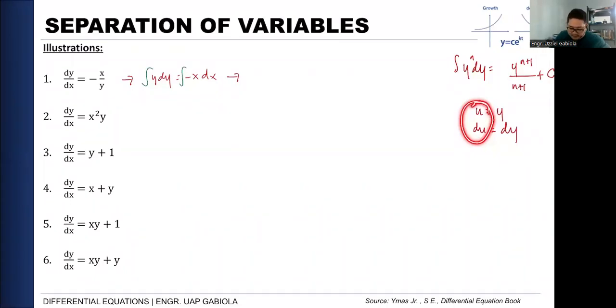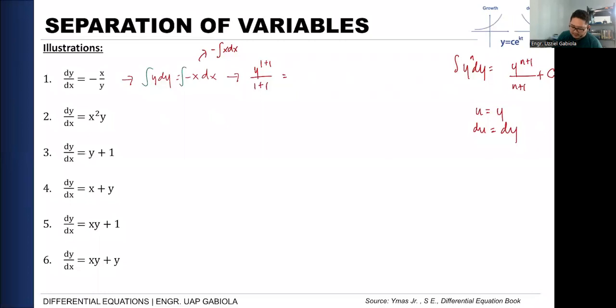Okay? So dito sa pag in-integrate na natin to, yung left side natin will be y^(1+1) over 1 plus 1 equals to yung negative sign natin, pwede natin siyang ilabas, no? This can be negative x dx, no? Para satisfied na niya to. Para silang positive.